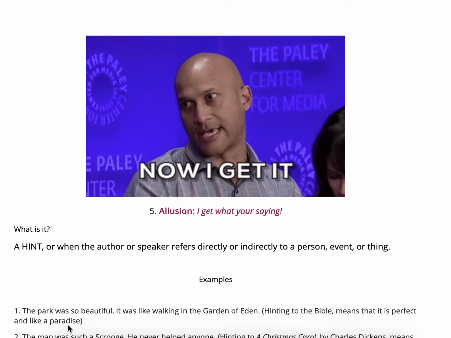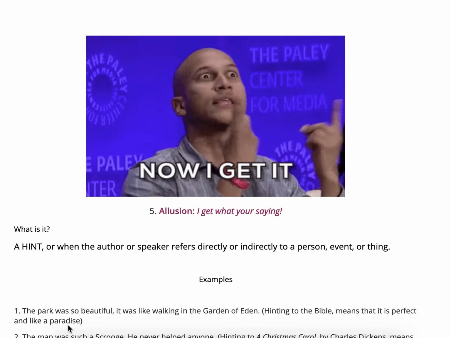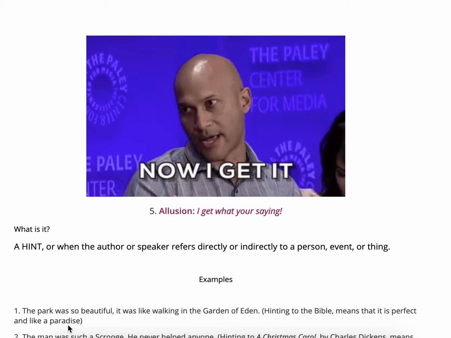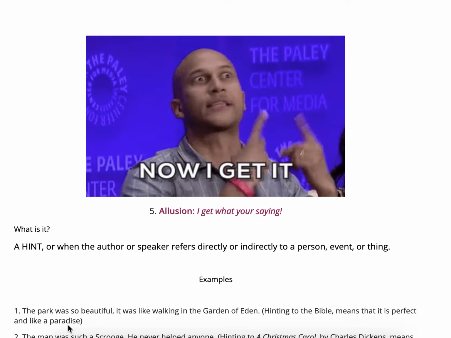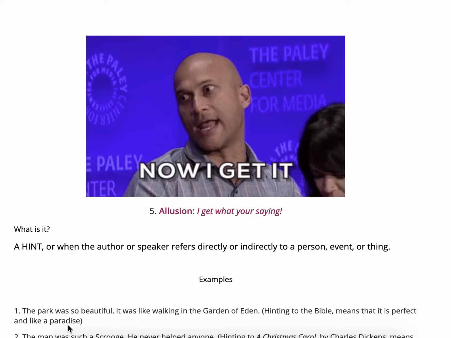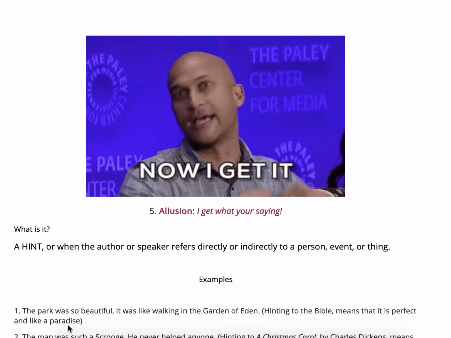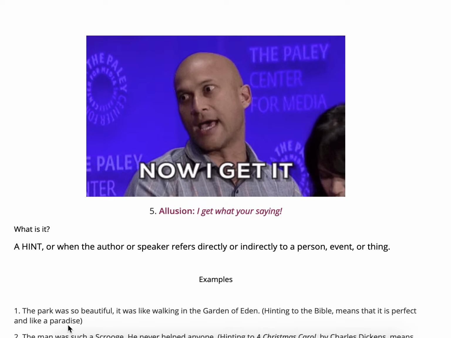Okay, so for example, Miss Garcia could say something like, I am as happy as Li Bo by the river, right? If I'm in college, in my Chinese poetry class, with my mentor, Dr. Lai, she's going to get that hint. She's going to get that allusion.